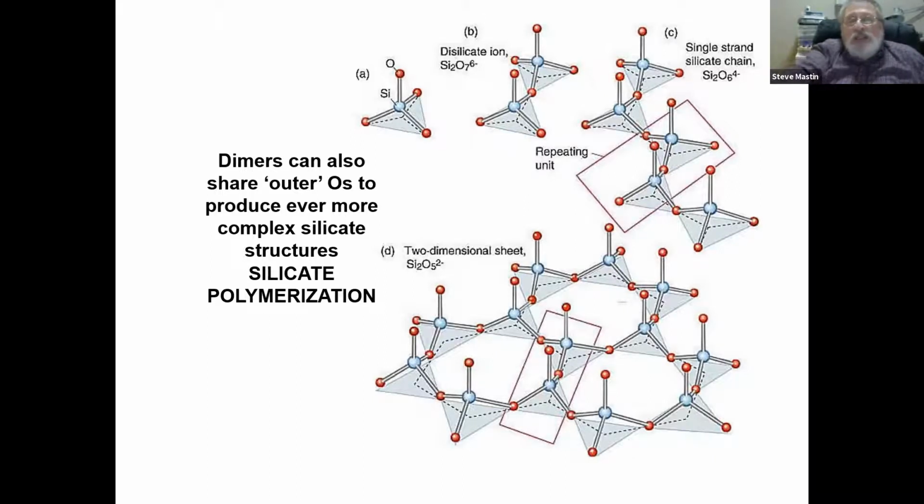And since oxygens that have unpaired electrons are sticking up in the air, you can get 3-dimensional structures. And so all of this stuff is called silicate polymerization. And this is the process that happens during differentiation.